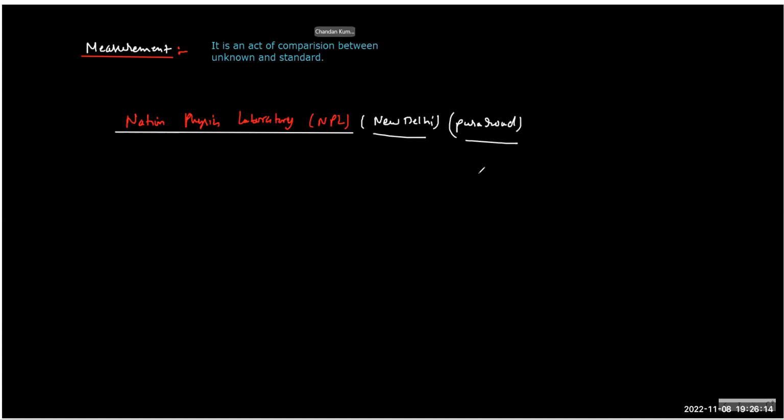Okay, anyway, so the measurement is an act of comparison between unknown and the standard. So what we compare against is called the true value sometimes. And true value is also called mean value. So what is the value of g?